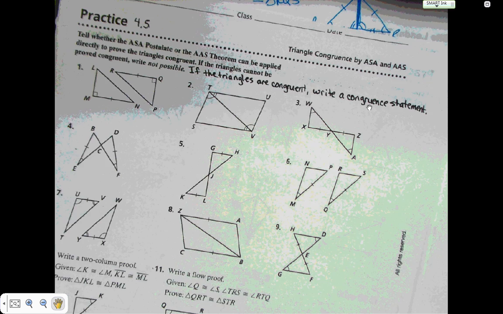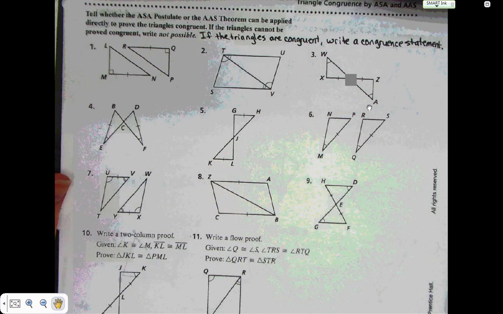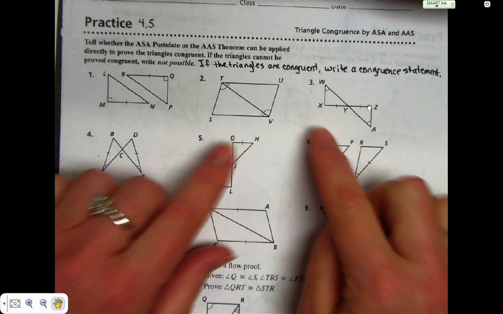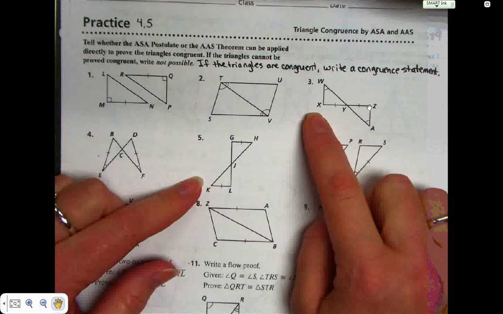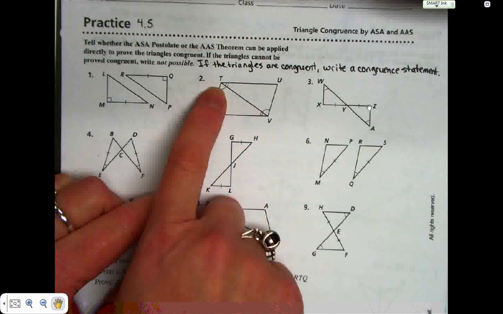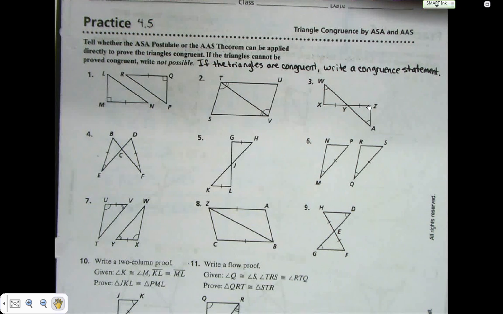Okay, so just real quickly, on the front page, what it says 44 down at the bottom, this is like what we did yesterday. You'd have to look at it like number 2 and determine if those two triangles can be congruent. Okay, and so we've got an angle here and an angle here, and then they share this side of them. So can we prove these triangles are congruent? Yes, and so you need to write a congruent statement and put by ASA. Okay, so just kind of like we did yesterday.